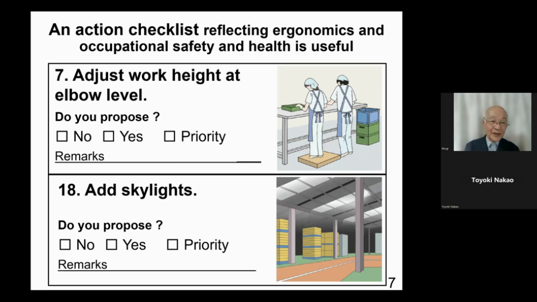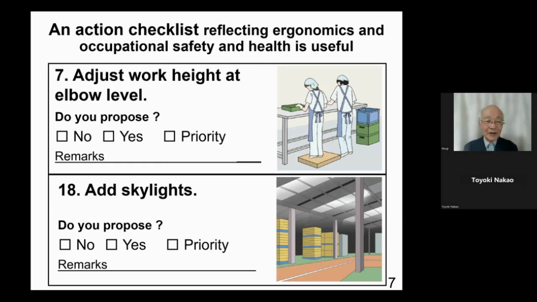Here are two items listed, one about adjusting working height at elbow level, and the proposed action is shown by an illustration. The question is, do you propose this action?